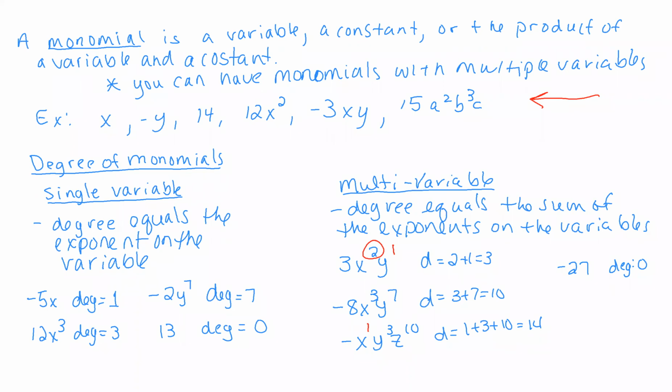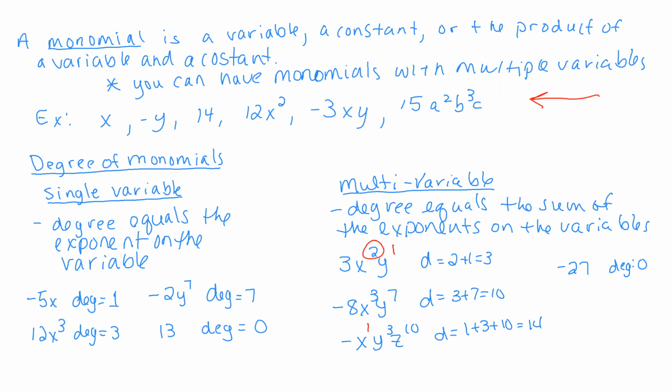Okay, so quick recap: a monomial can be a variable by itself, a constant by itself, or the product of a variable or variables and a constant. If you're dealing with the degree of a monomial with a single variable, the degree is equal to the exponent on the variable. If you're dealing with the degree of a monomial that has multiple variables, the degree is the sum of the exponents on the variables.